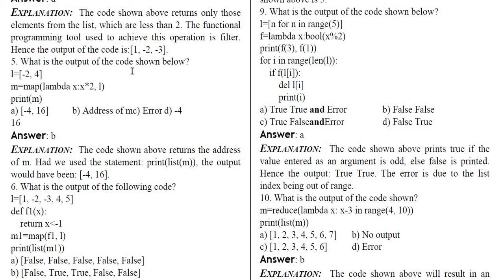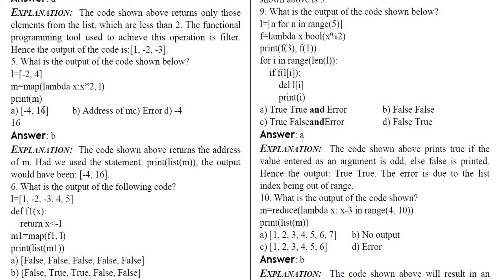Now, what is the output of the code shown below? l = [-2, 4]. m = map(lambda x: x * 2, l). Print m. Fine. Now, what output will it show?